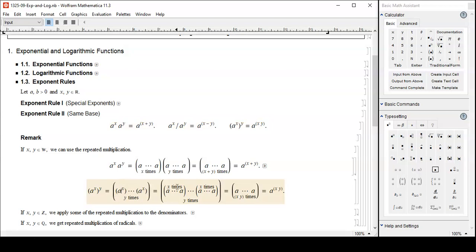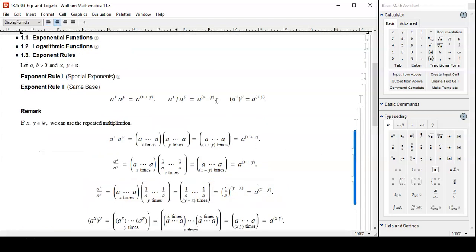Each a to the x power is x times, and total y times. So x times y times I'm multiplying by a. Make sense? Relatively easy to understand when x and y are non-negative integers.